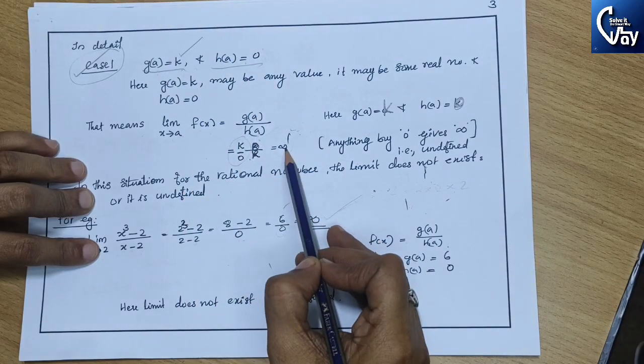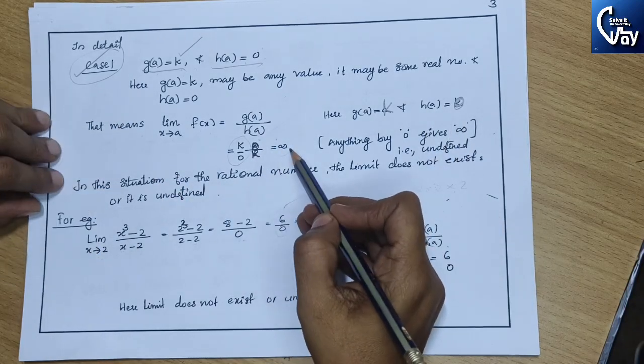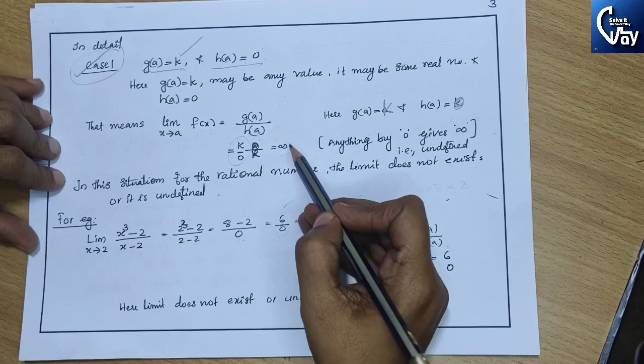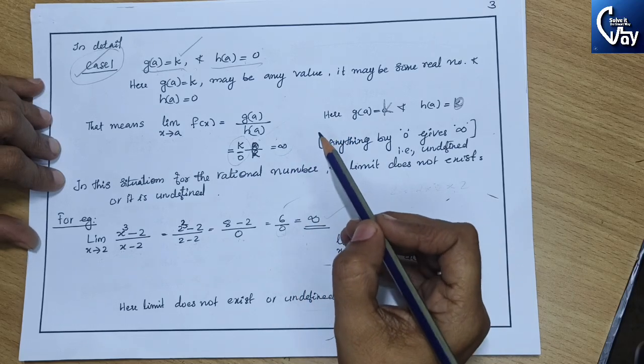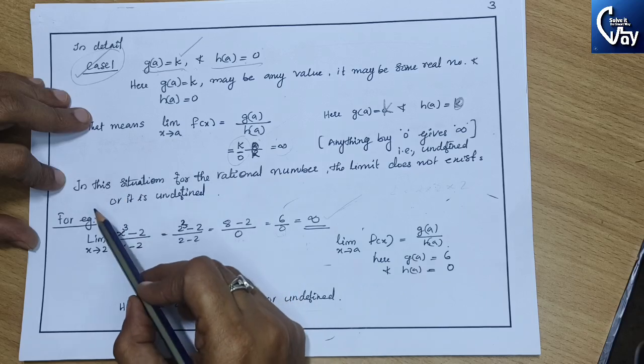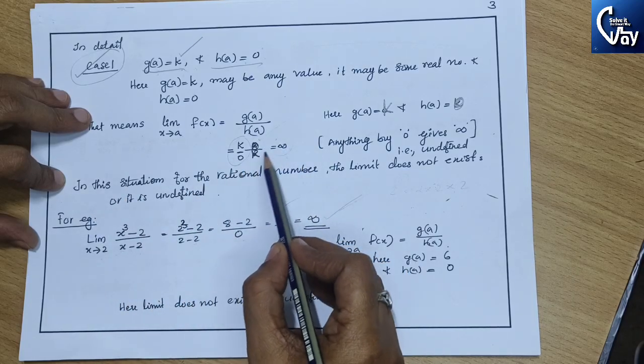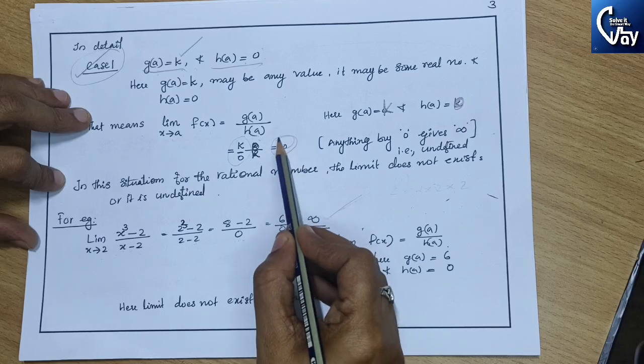Anything by 0 is infinity. Whenever we get infinity, we say that the limit is undefined or the limit does not exist. In this situation, for rational functions, the limit does not exist or is undefined.